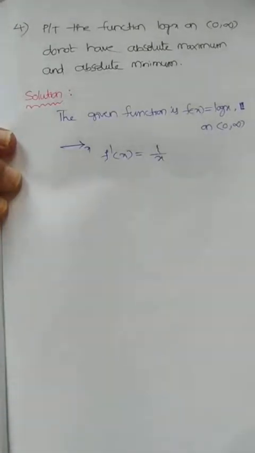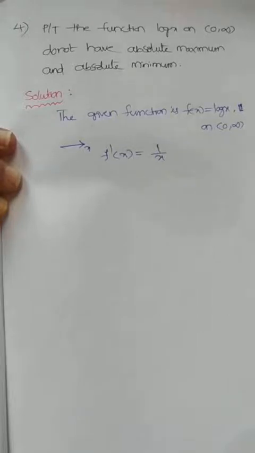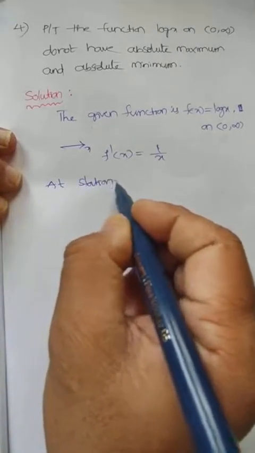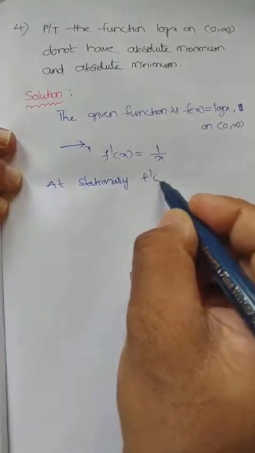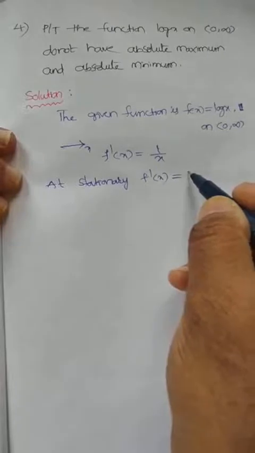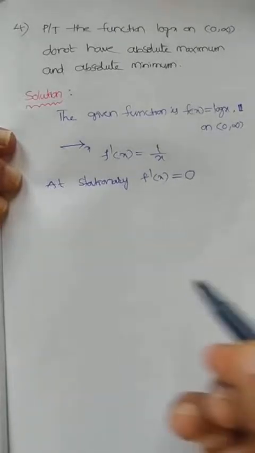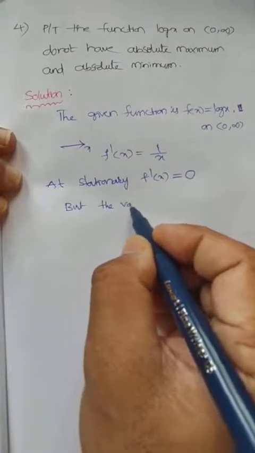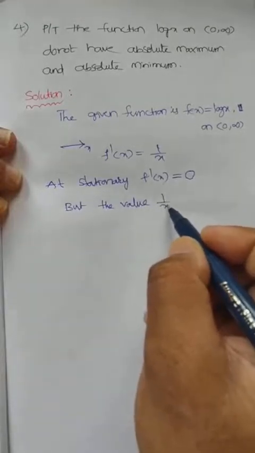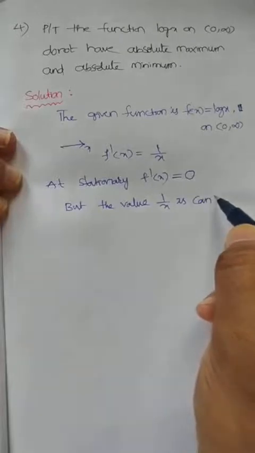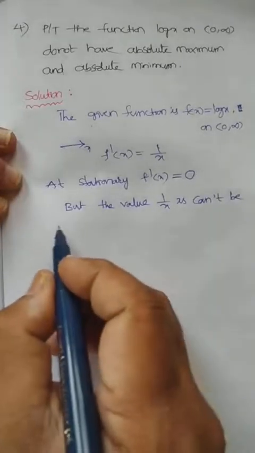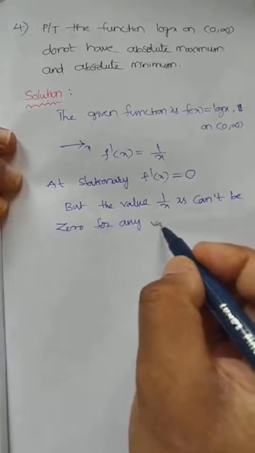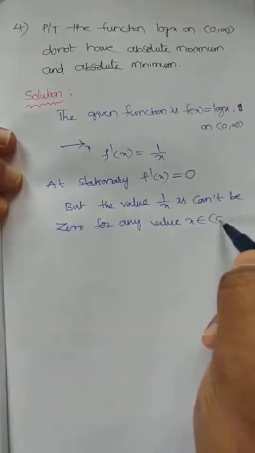Now we have to check the stationary level. At a stationary point, f dash of x is equals to 0, but the value 1 by x can't be 0 for any value x belonging to 0 to infinite.